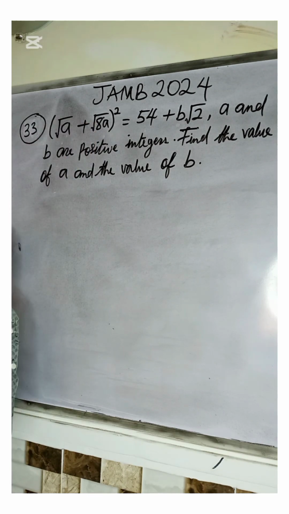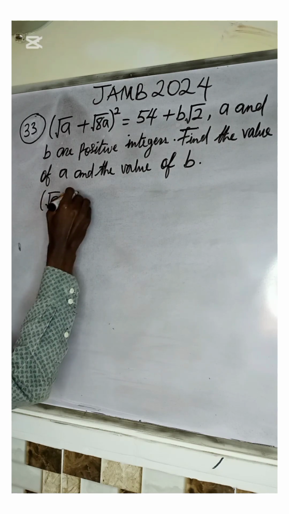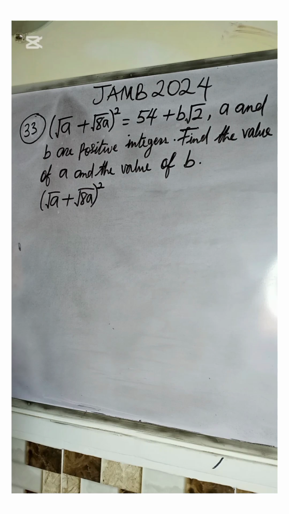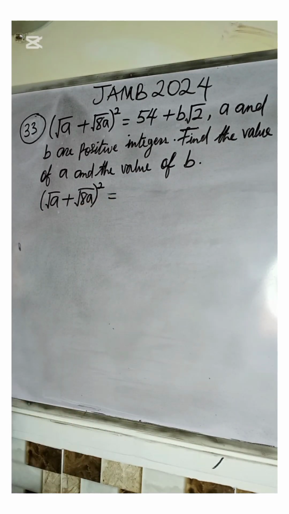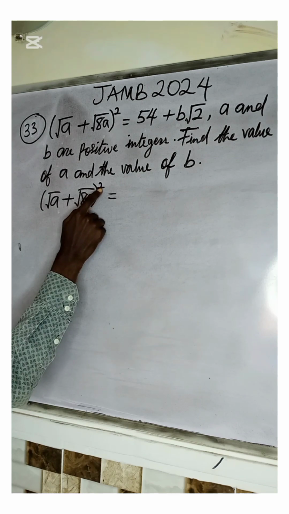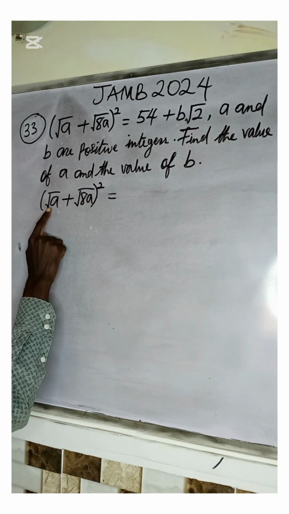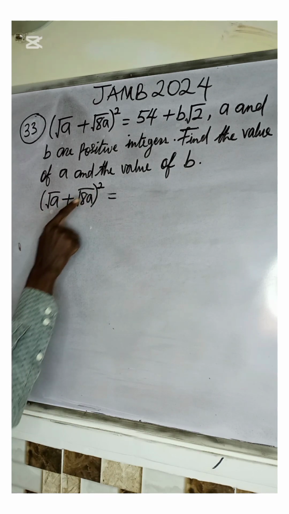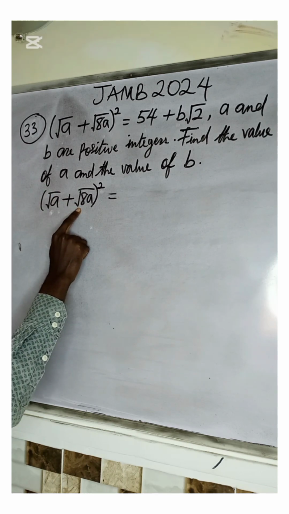So the left hand side of the equation, we have (√a + √(8a))², all of this squared. Now in expanding this, there's a shortcut to it. You take the square of the first term, then you multiply every single value you can see here, that's 2 multiplied by √a multiplied by √(8a).